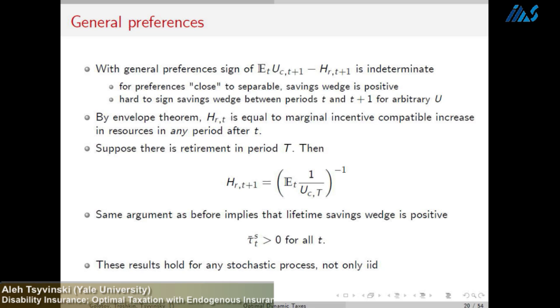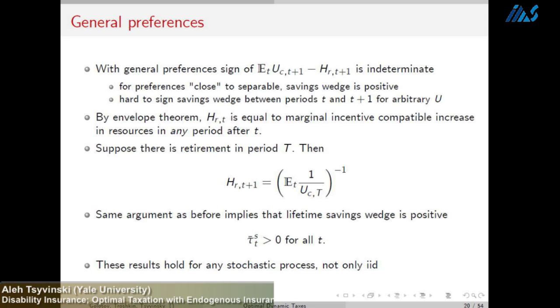Well, for preferences close to separable, one can show that the savings wedge is positive. But in general, you can't really do it. So there is no general result for an analog of the inverse Euler equation, or of the wedge at least. Just think about this. We will only have the result for separable preferences.